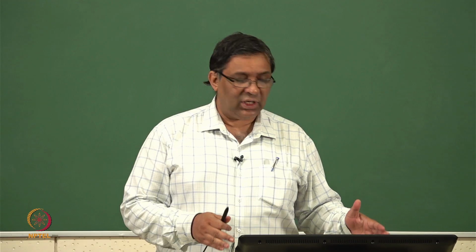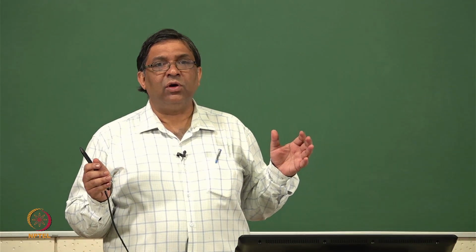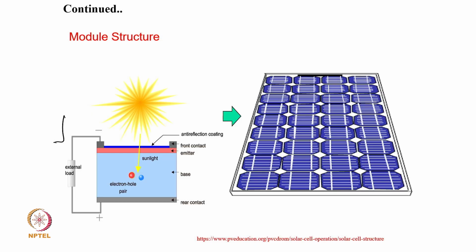Before finishing, let me just finalize this. Once you have the silicon crystals, then this is our known device, the silicon solar cell device. This is the active medium, that is the NP junction, and then you have the front contact, the anti-reflection coating, and the rear contact.